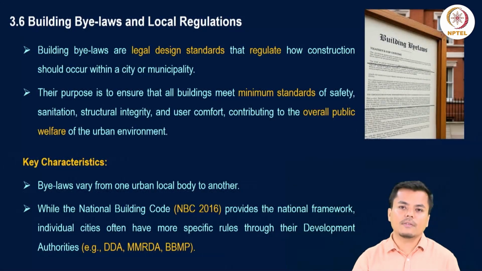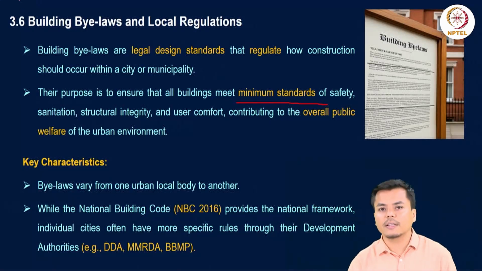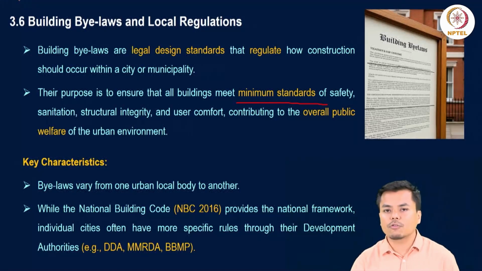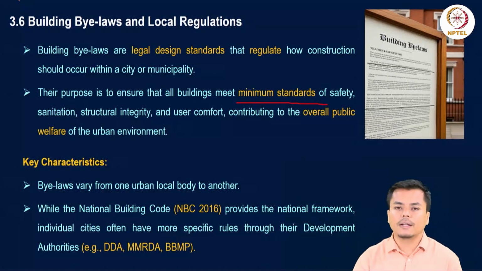category. Building bylaws and local regulations are the legal design standards that regulate how construction should occur within the city or municipality. Their purpose is to ensure that the building meets the minimum standard of safety as mentioned in the DCR, that is Development Control Rules, and it will be different for different states.